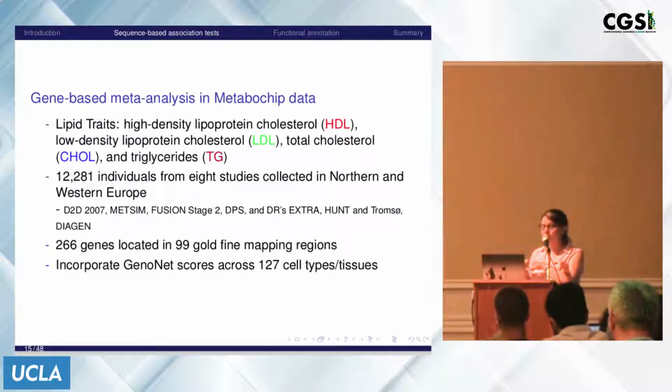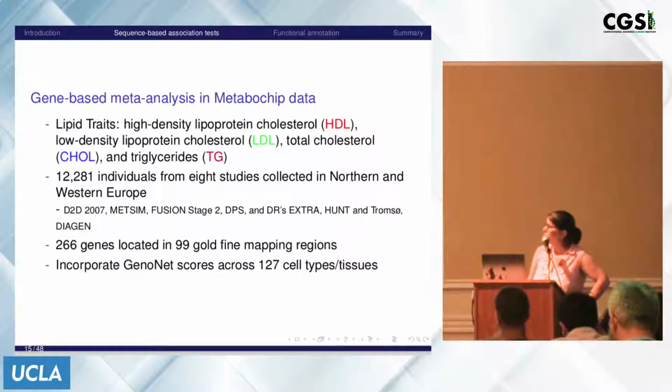But basically, for each variant, we have a probability that the variant is functional in a tissue, and we have this for 127 different tissues.